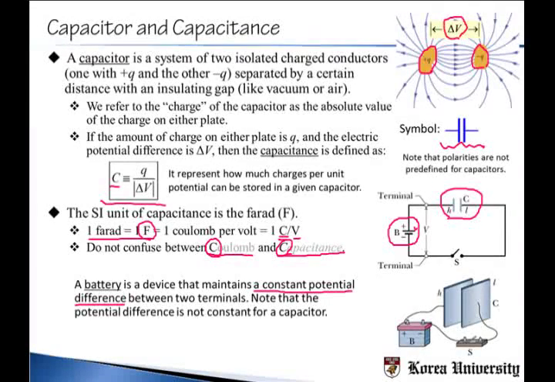If you have any given capacitor, the fixed number is this capacitance. The capacitance shows you how good this capacitor is. Then, since the C is a constant, now Q and delta V may change, which means that now the electric potential is no longer constant for capacitors. Okay, so that is the difference between battery and a capacitor.